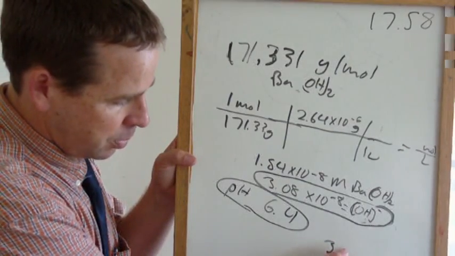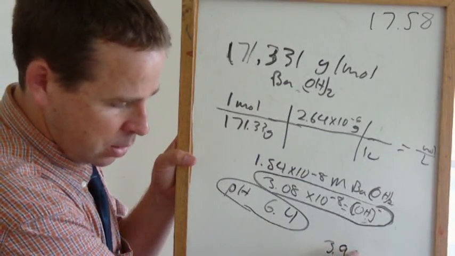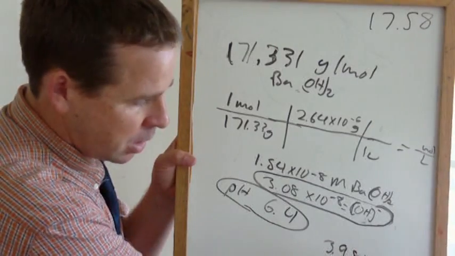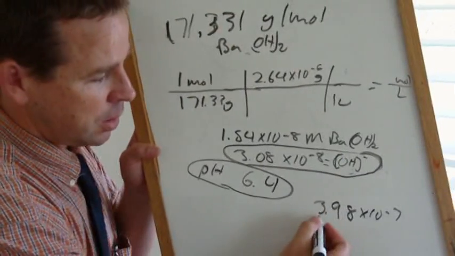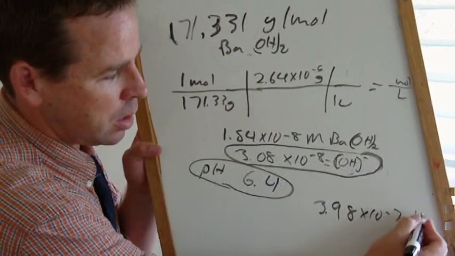So that is 3.98 times 10 to the minus 7. That's the hydrogen ion concentration.